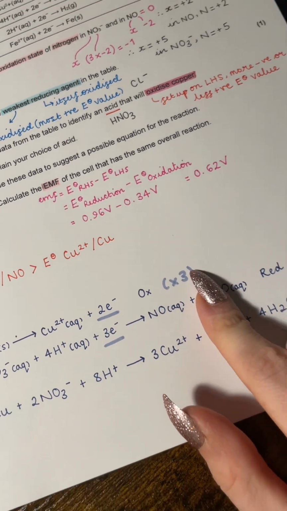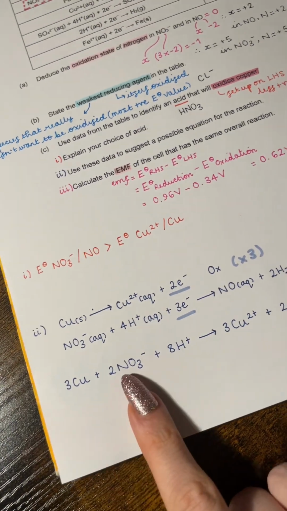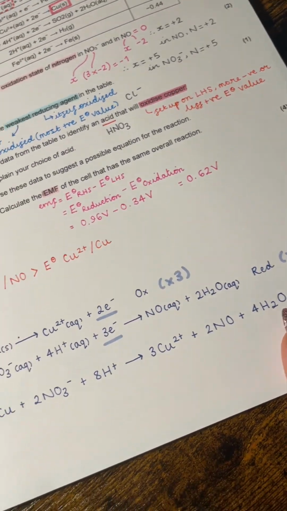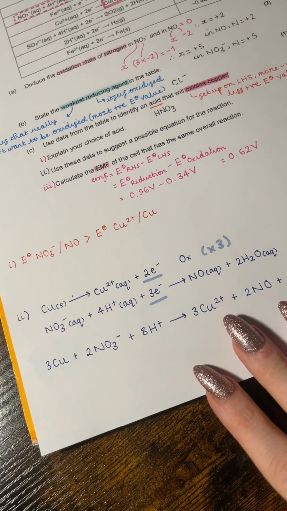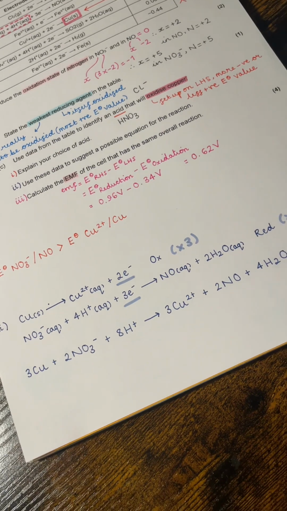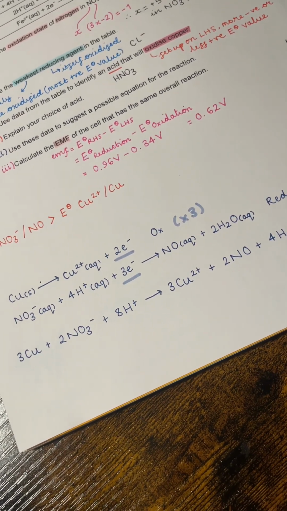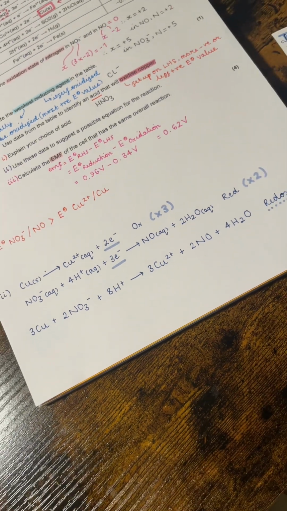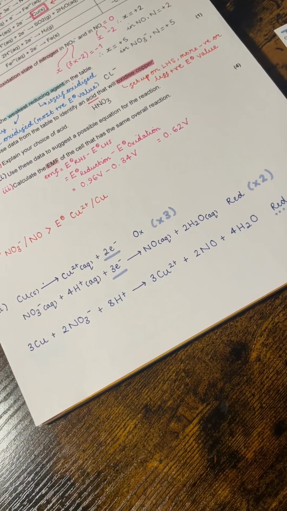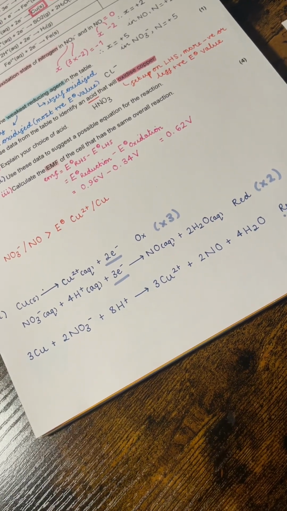So times the top equation by 3 and the bottom equation by 2, and then combine them together. And it turned out that nothing could be simplified in this particular instance because I didn't have anything that was the same on both sides, other than the electrons, which cancel, so should not be included in the redox equation. But there was no H pluses on both sides, there was no water on both sides, so once I'd combined them together, that was then my final answer.